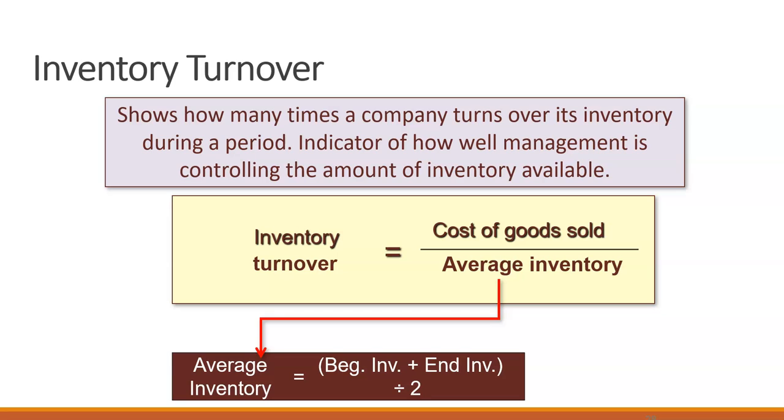It shows us how well management is at controlling the amount of inventory available and how well we sell our inventory. So the inventory turnover ratio is cost of goods sold divided by average inventory. And average inventory is beginning inventory plus ending inventory divided by 2.